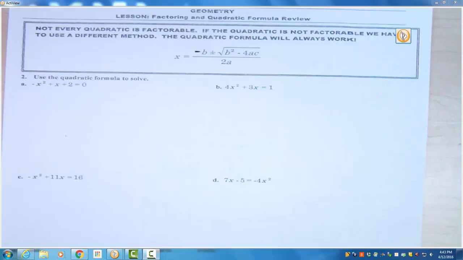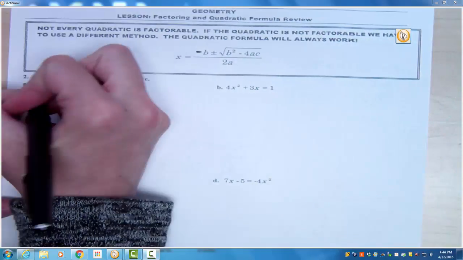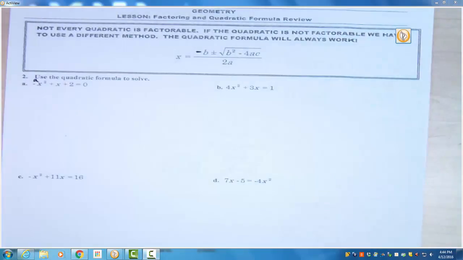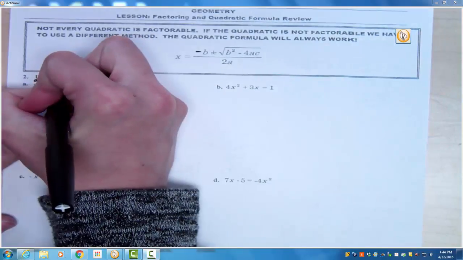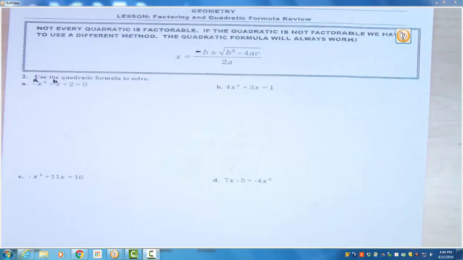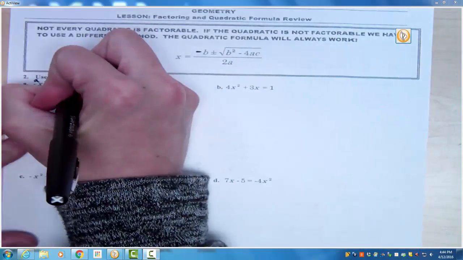And now we're just going to use the quadratic formula. I'm going to do the first one with you. Remember that a is the number that goes with x squared. In this case, I just have a negative, so a is negative 1, because remember there's an invisible 1 there. b is the coefficient with x, and so that is just 1 in this case, again, because there's an invisible 1. And then c is 2.